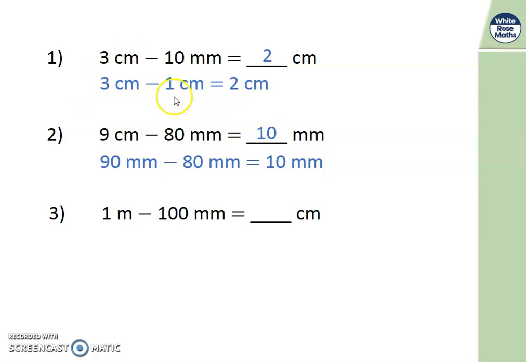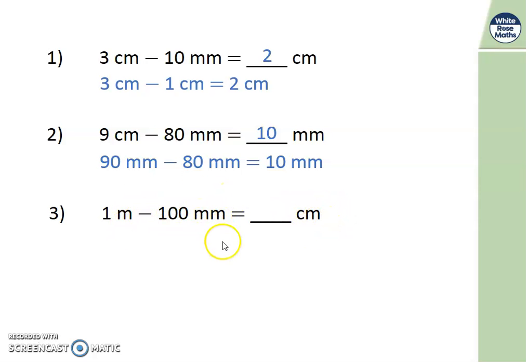Have you noticed how I'm recording the calculation I'm doing underneath before putting the answer above? Let's try it on the next one. 1 meter subtract 100 millimeters, but I want my centimeters as an answer.